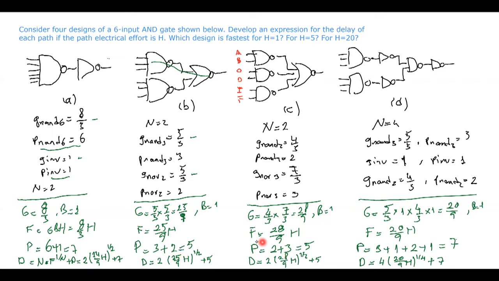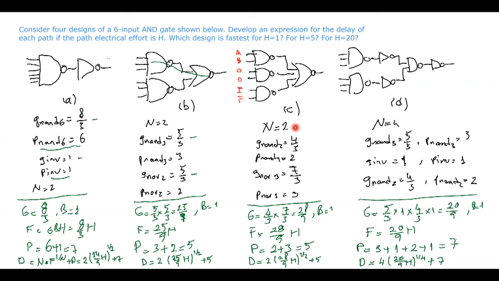You can see that this is always going to yield a better, lesser delay compared to C. So we can always eliminate C. We don't have to look at C, because B will always be superior to the implementation in C in terms of delay. For the other ones, we will be comparing designs A, B, and D. We already know that design C can be eliminated because B is always superior to C.